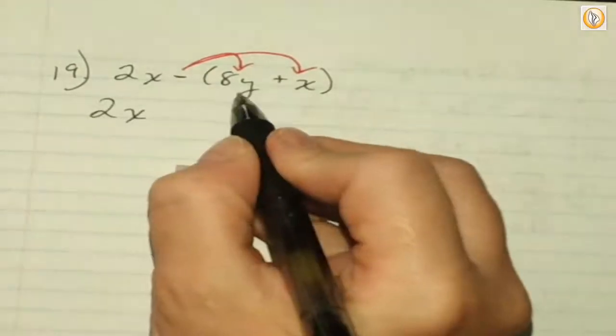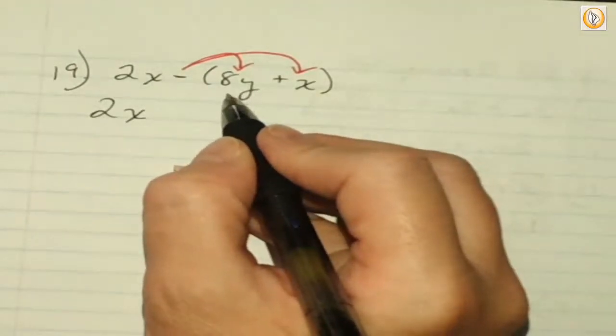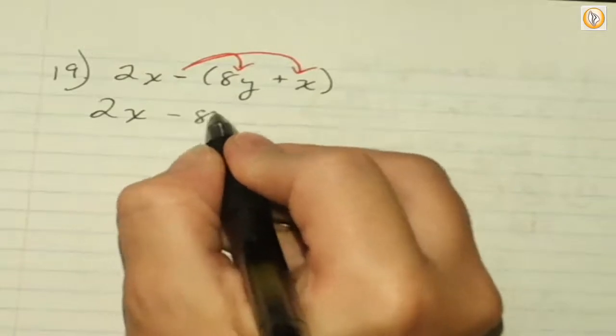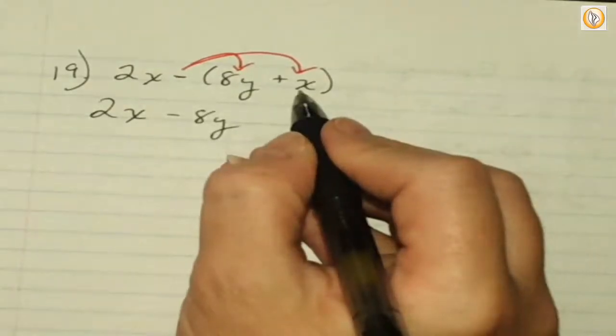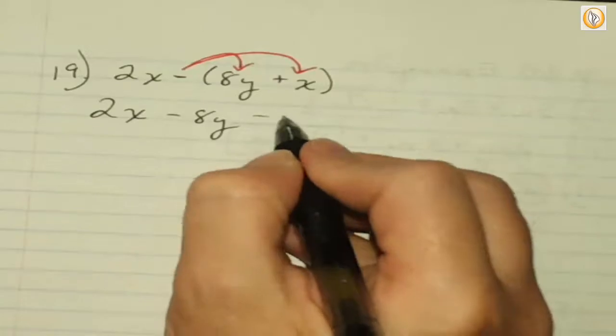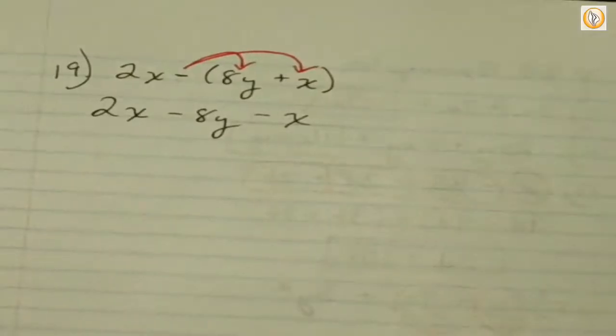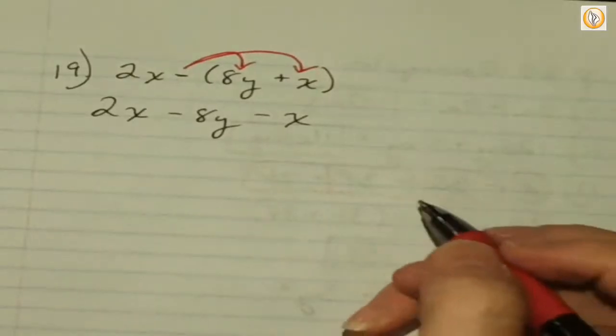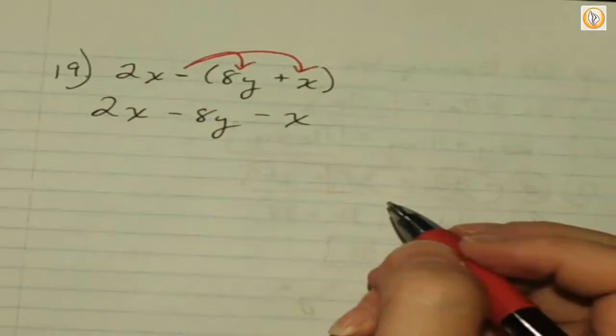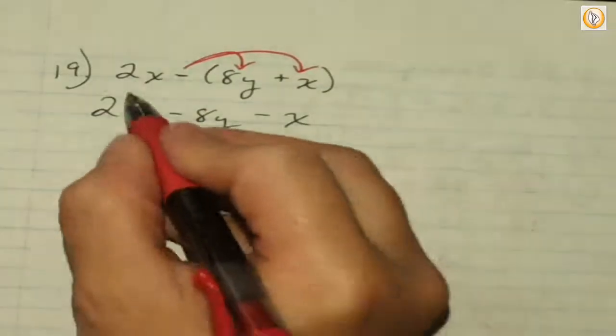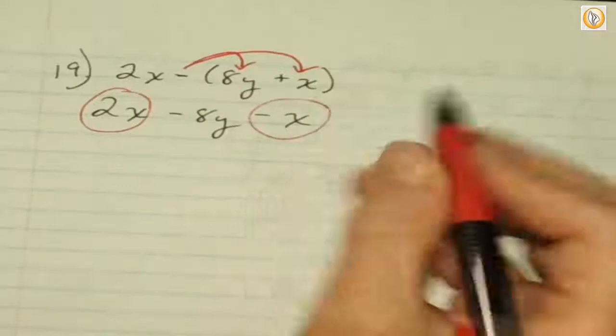2x. What does 8y become? Negative 8y. Very good. And what does the x become? Excelente. Now, Cecilia, what can I combine? 2x and negative x.